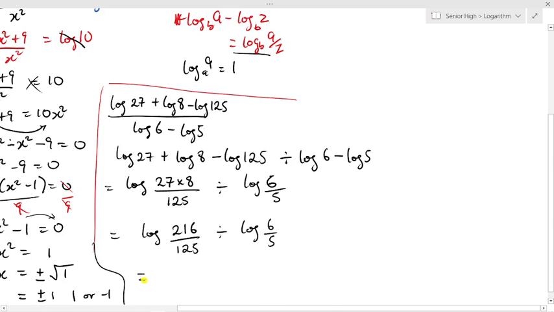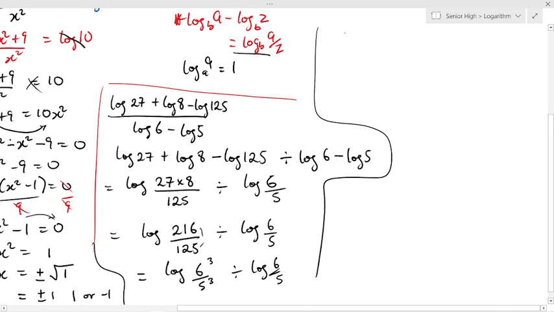So what's the next thing I can see happening here? I can see that I can bring out a common exponent between these two values, and the exponent is 3, because if I find the cube root of 216, it's actually going to give me 6. If I find the cube root of 125, it is 5. So I know that this is like writing 6 raised to the power 3 over 5 raised to the power 3, divided by log 6 over 5.